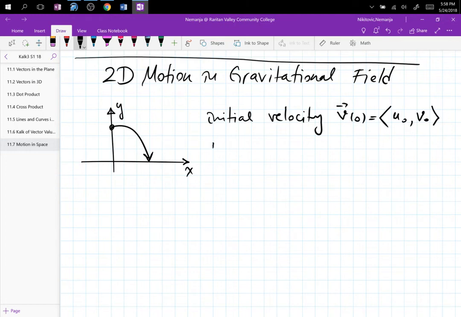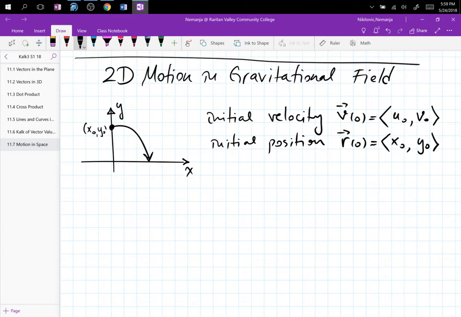And the initial position, r of 0, is given with x0 and y0. Those are the coordinates in space. So in this case, this point is at x0, y0. That's our initial point for the motion.